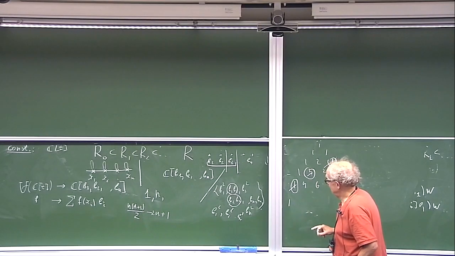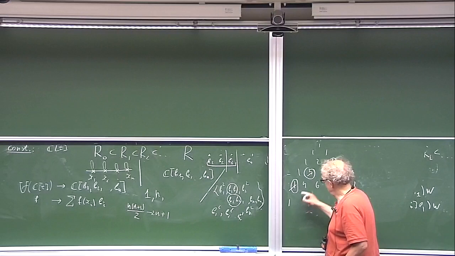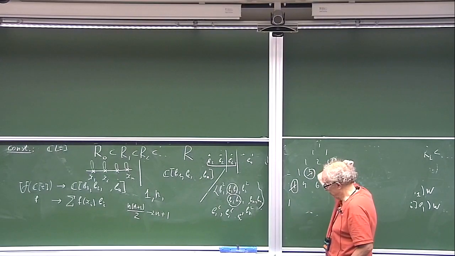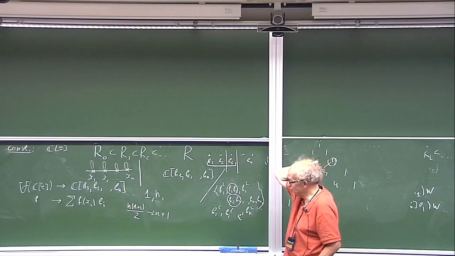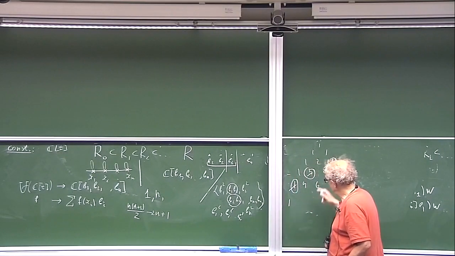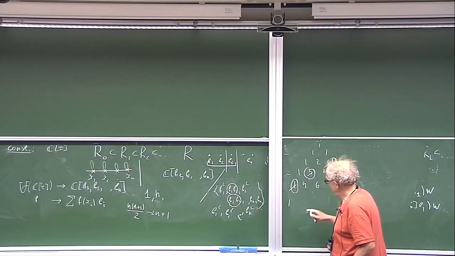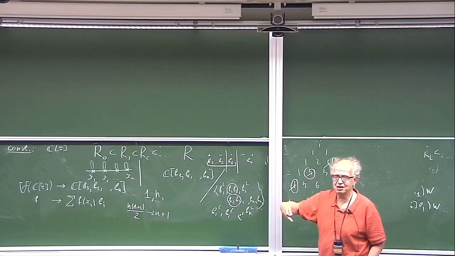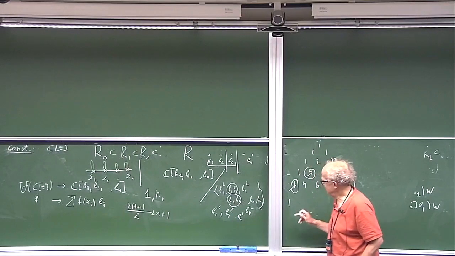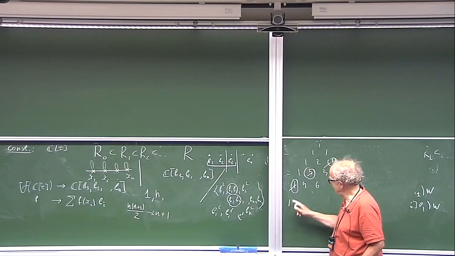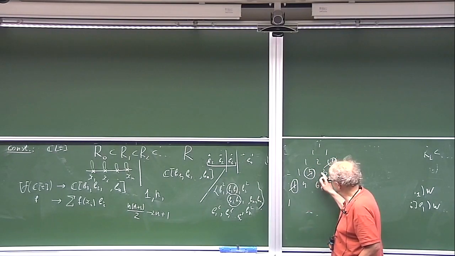But anyway, it is Fibonacci numbers, but my construction with fusion gives you additional grading on this space. And especially also additional grading on this 1, 4, and 3.